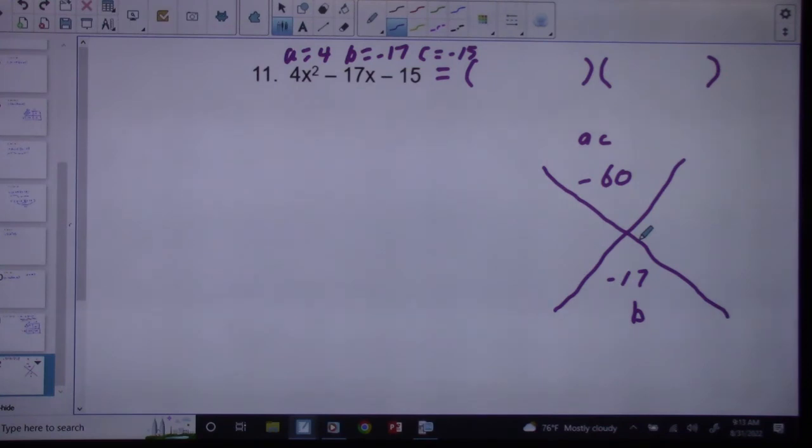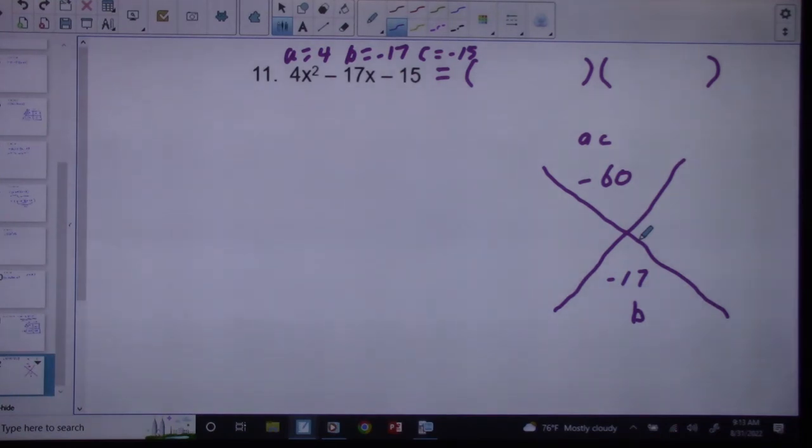So which one of those sets is this going to be? Which set adds up? The numbers you have to deal with are like 1 and 60. I'm just thinking of factors of 60, right? 2 and 30, 3 and 20, 6 and 10.